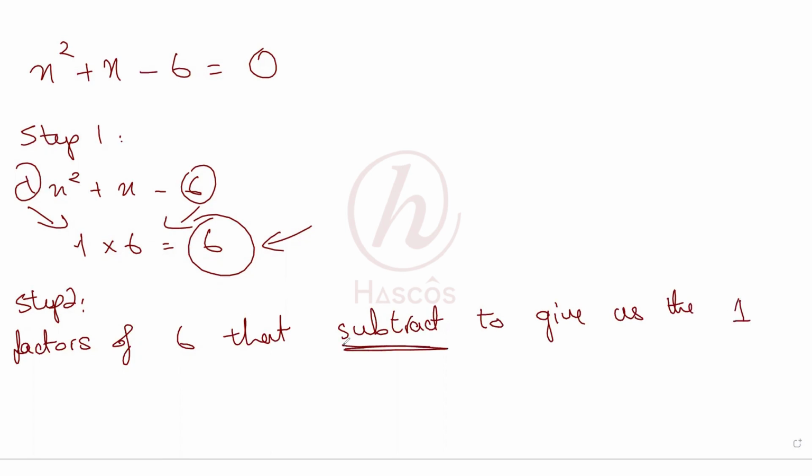Now, why subtract? We've already discussed this earlier, because in x squared plus x minus 6, the constant has a sign of negative. Hence, we need to find two factors of 6 that subtract to give us the middle term, which is 1.